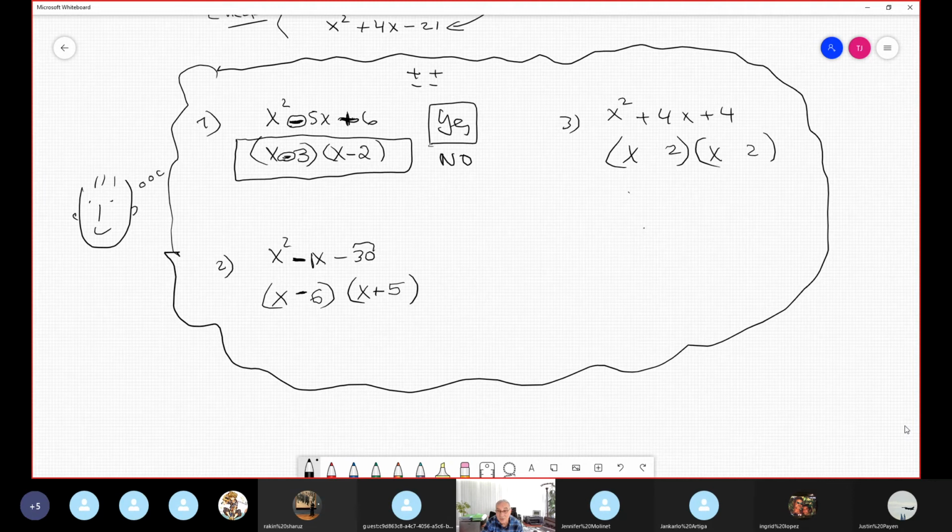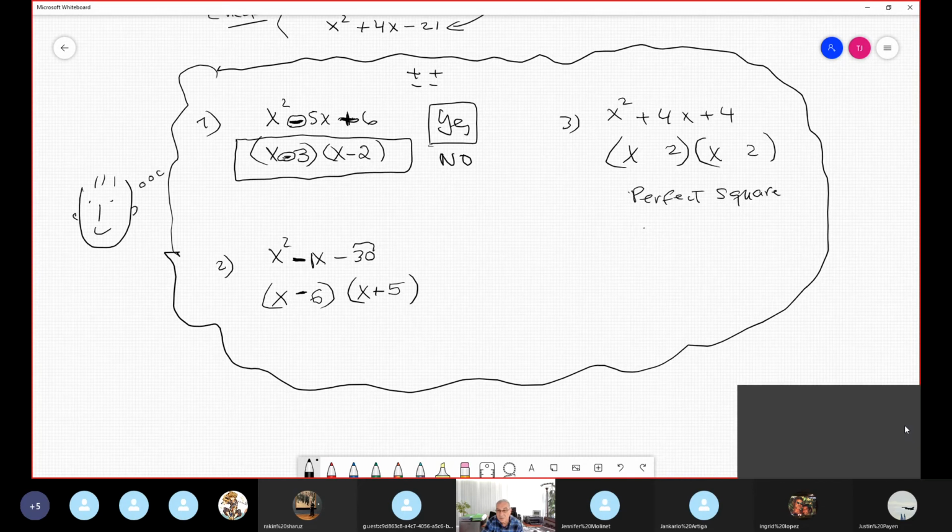This trinomial is a perfect square. When the factors are the same, twin brothers, it is a perfect square. What about the sign? Is it plus or minus? It's the same, and both positive.